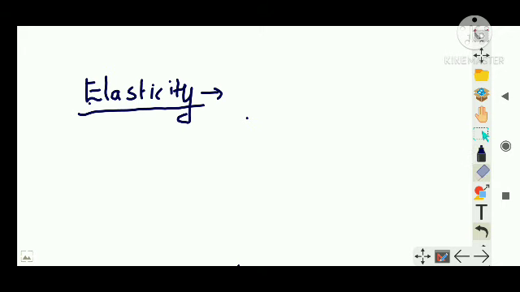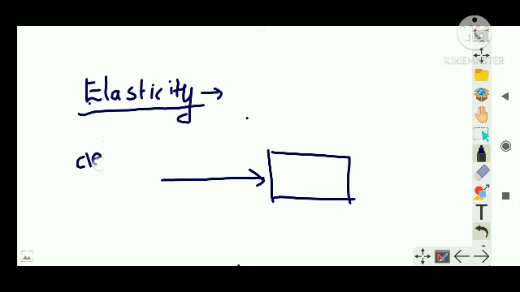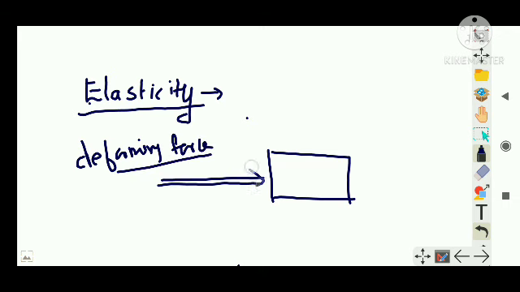Right? This is an object here. I applied a force which is called deforming force. Why should I call it deforming force? Because I applied this force to deform this object. I want to change its form, right? That's why this applied force is usually called deforming force.